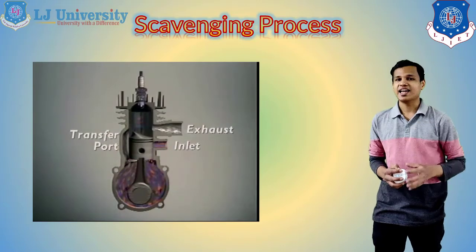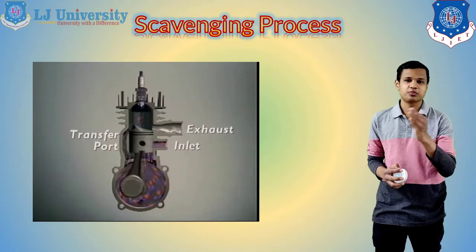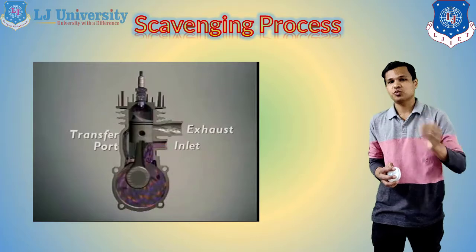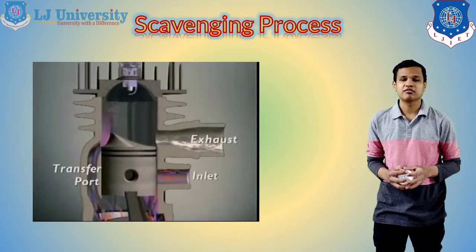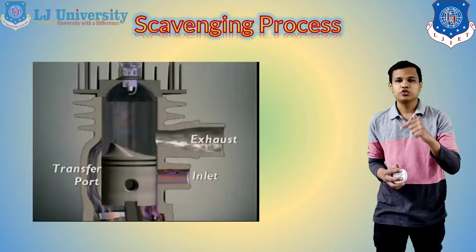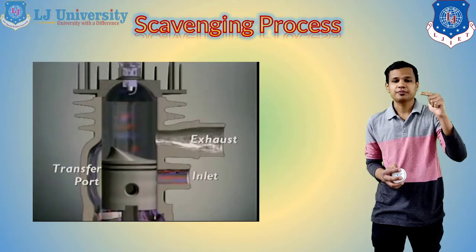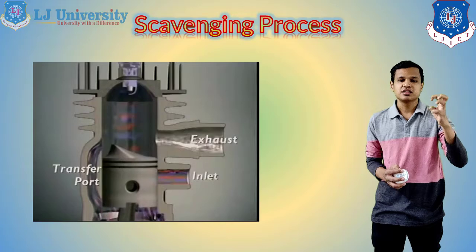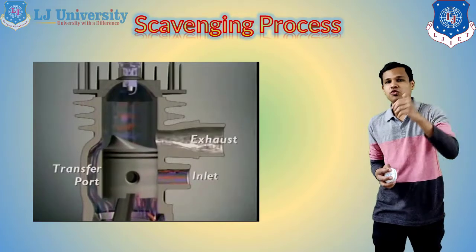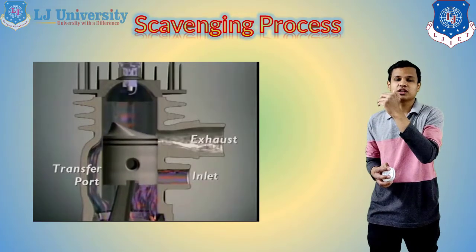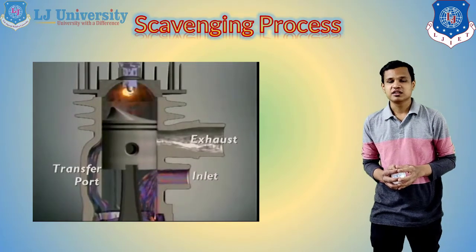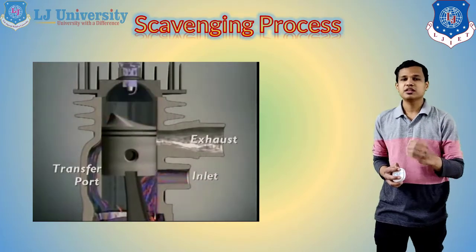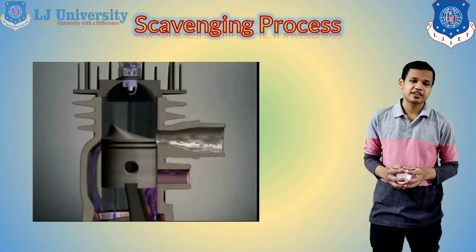Here you can see the transfer port is on the left side and the exhaust port is on the right side. The fuel will come from the transfer port, pressurized, and that pressurized fuel will force out the exhaust gases from the cylinder, right? This is how normal scavenging works.